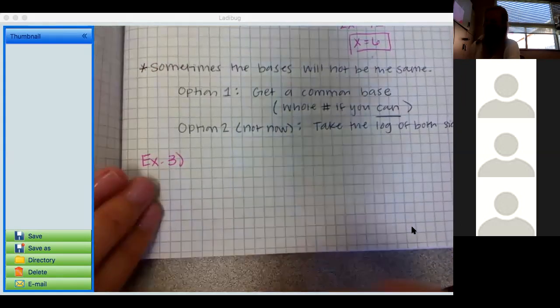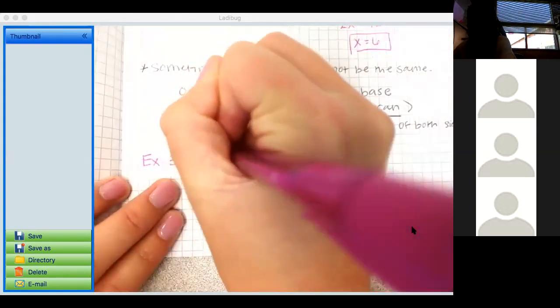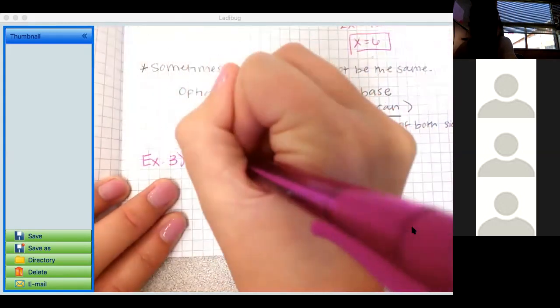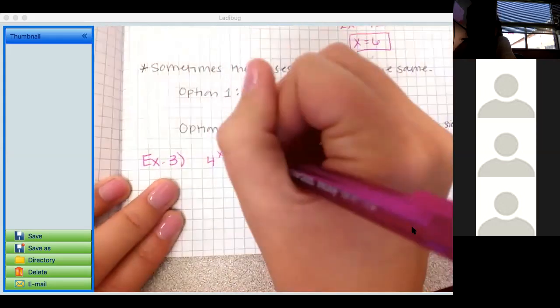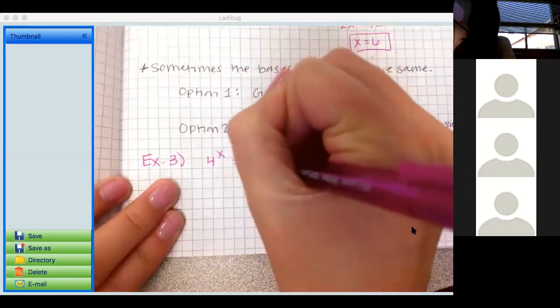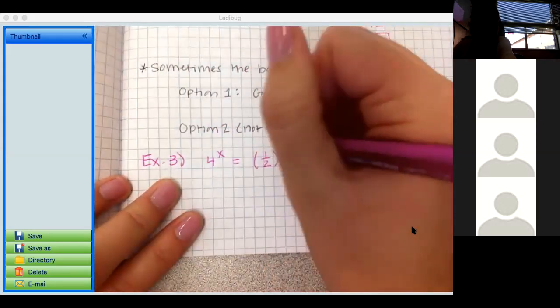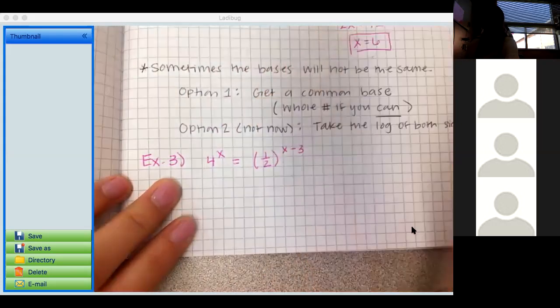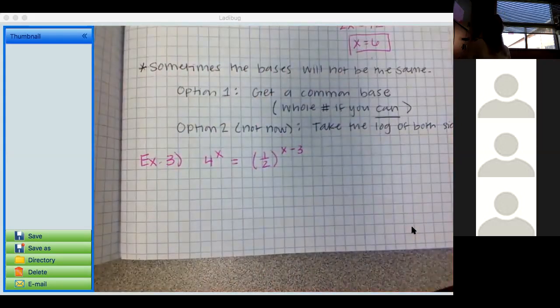All right, so 4 to the x equals 1/2 to the x minus 3. Are the bases the same?